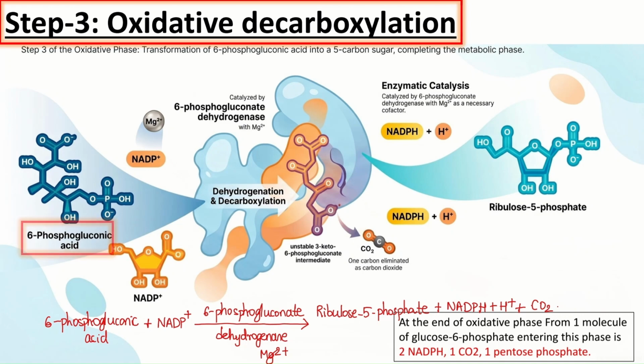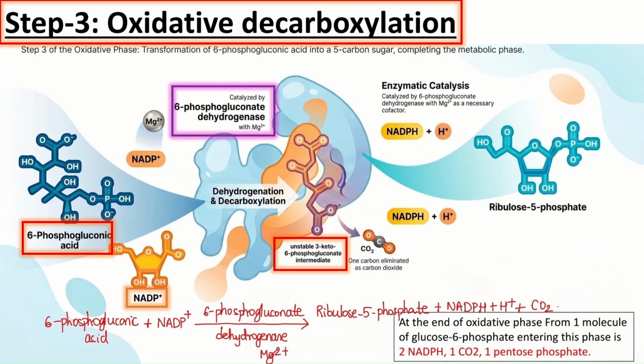The 6-phosphogluconic acid is dehydrogenated to form a transient intermediate compound called 3-keto-6-phosphogluconate, and it is catalyzed by the enzyme 6-phosphogluconate dehydrogenase. Here, NADP+ acts as the coenzyme and magnesium acts as a cofactor. And finally, an NADPH is formed.